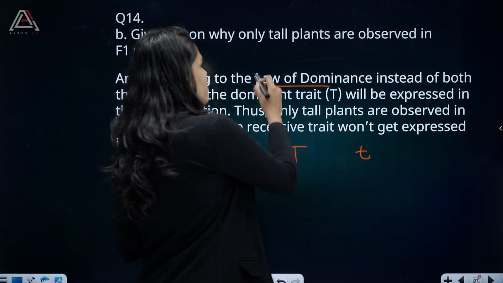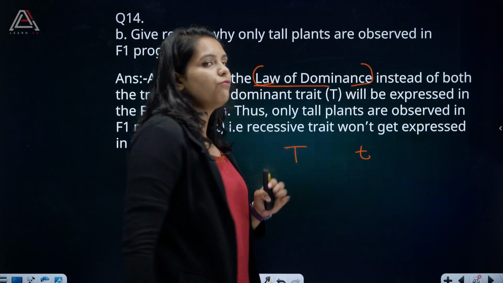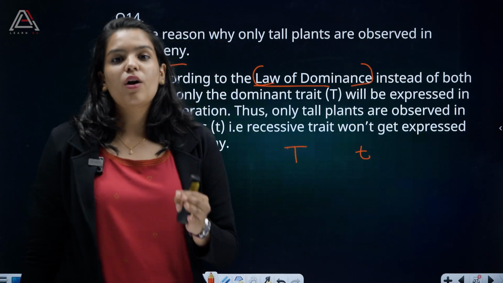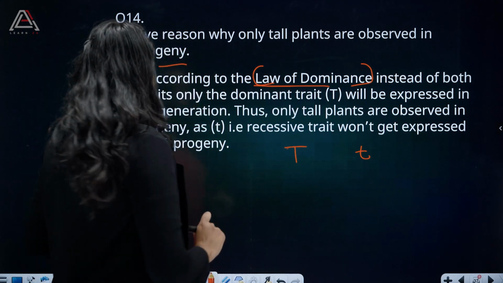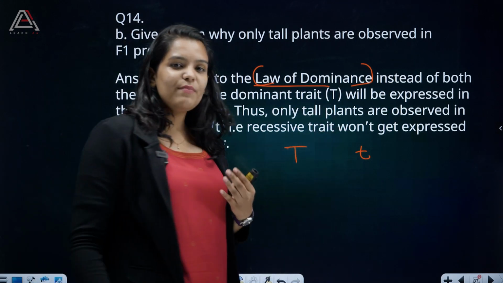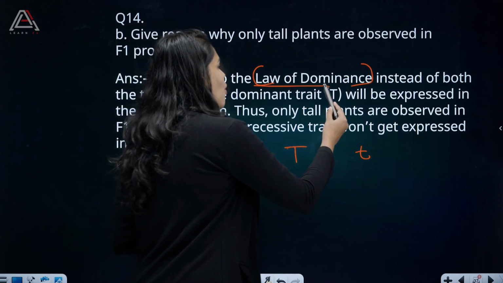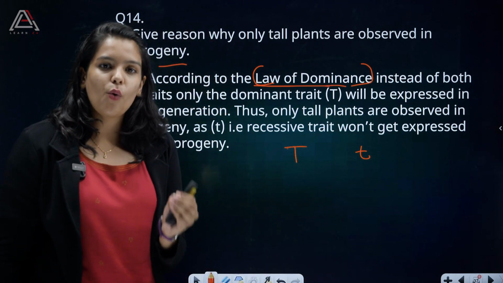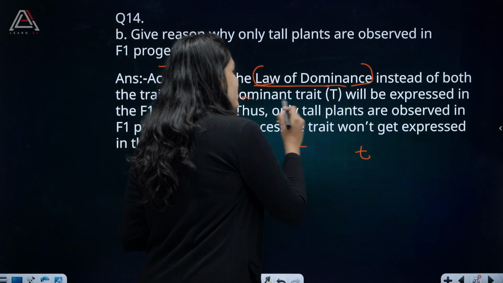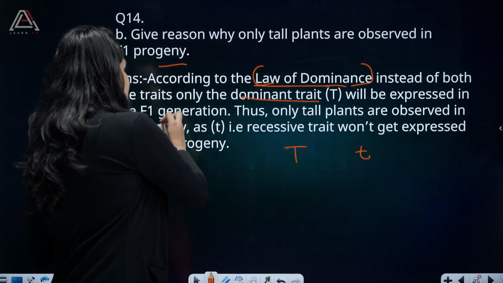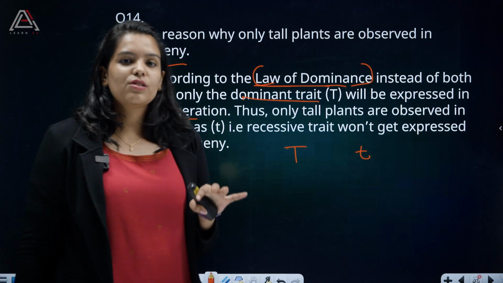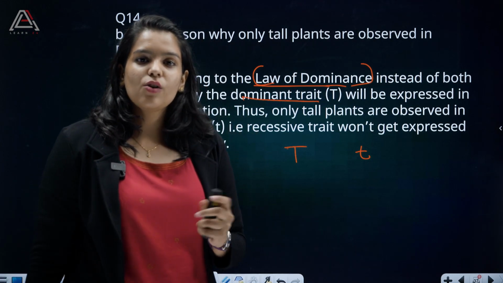You have to mention which law is responsible for getting only tall pea plants in the F1 generation. They have mentioned that according to the law of dominance, instead of both traits, the dominant trait, that is the capital T, will be expressed in the F1 generation, and that is why only tall pea plants are observed.